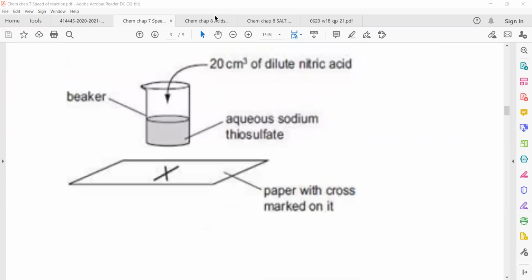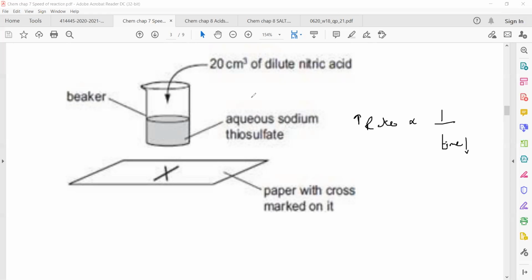If it disappears in a shorter time, because rate and time interval are related, if a reaction proceeds in a short time, it means it has the fastest rate. So by changing the amount of different reagents, chemicals, we can work out how it is affecting the rate.